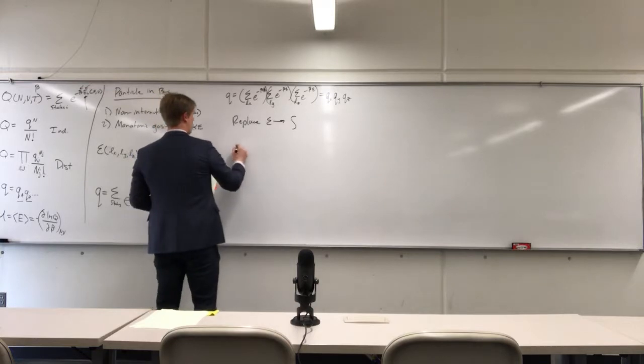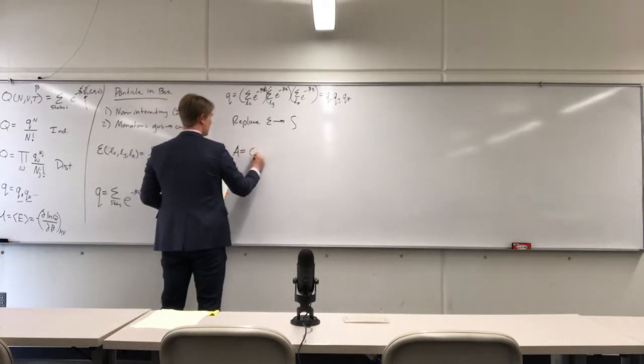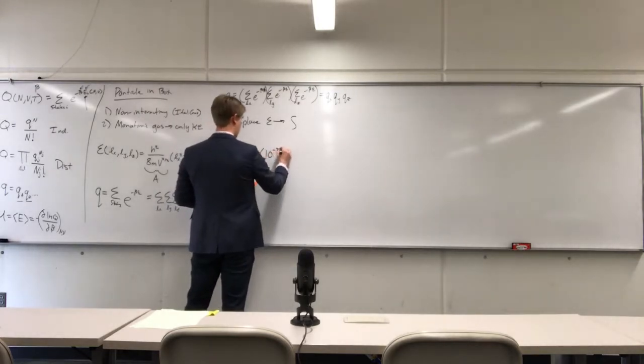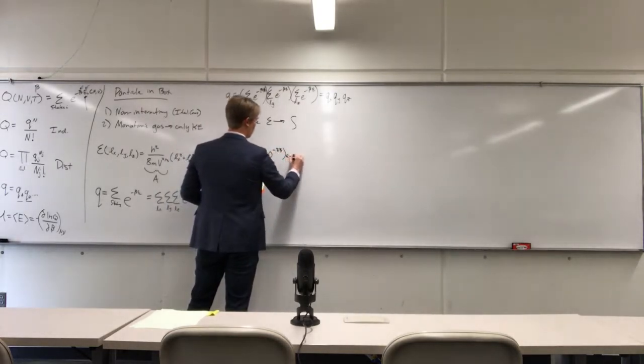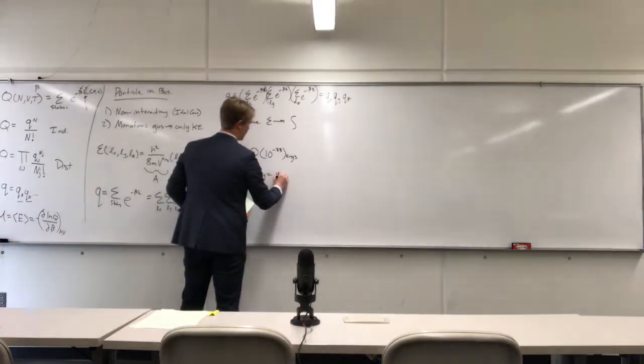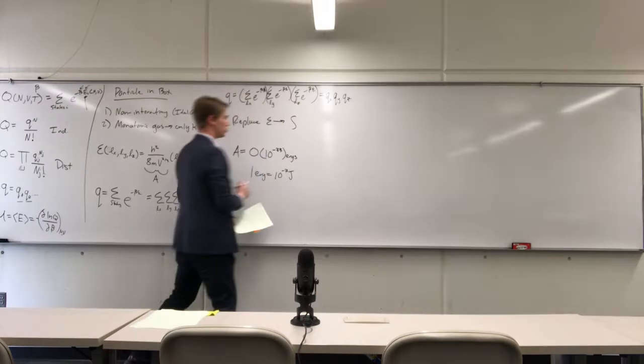So, as it turns out, if we plug in all the variables, A is on the order of 10 to the minus 33 ergs, in which case 1 erg is 10 to the minus 7 joules.